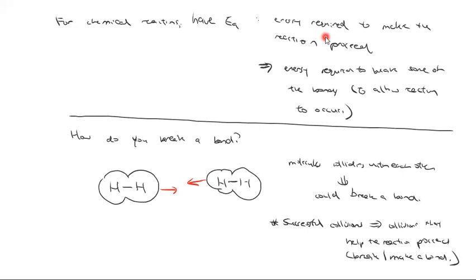Now you have to realize, even when there's no reaction, so for example, if I have hydrogen and oxygen together with no fire, they're moving around all the time, so they're colliding with each other all the time. But just because they're colliding with each other does not mean they're colliding in a way that gives you successful collisions to react.